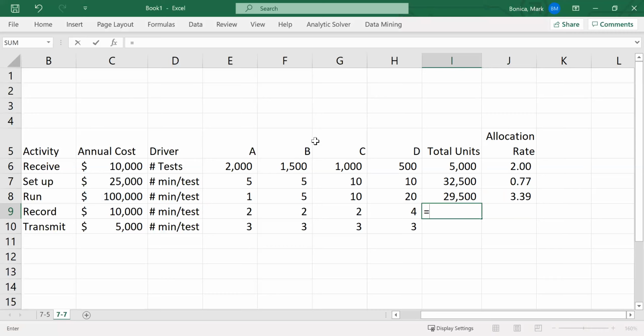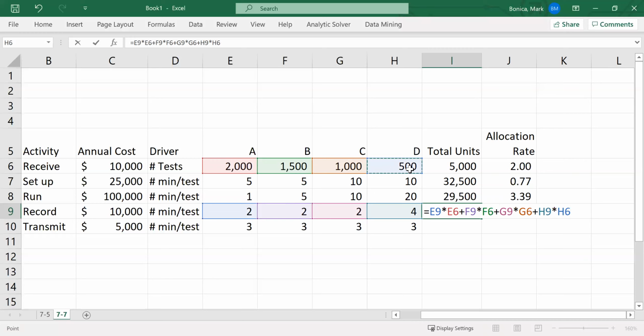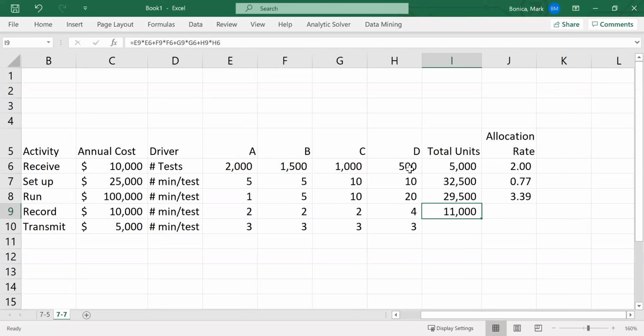Finally, we're going to do the same thing for record and transmit. That's going to be 2 minutes of recording times 2,000 for A, plus 2 minutes times 1,500 for B, plus 2 minutes to record the results of C times 1,000, plus 4 minutes of recording for D times 500 tests, which gives us 11,000 total minutes of recording.